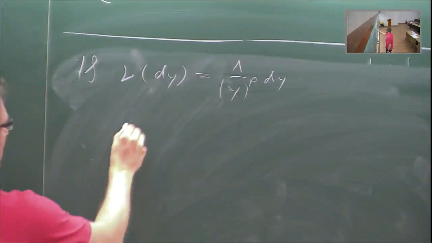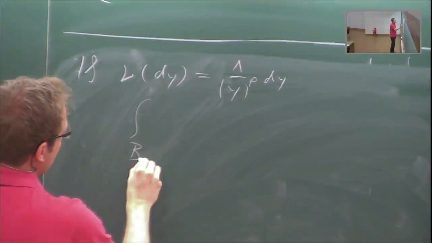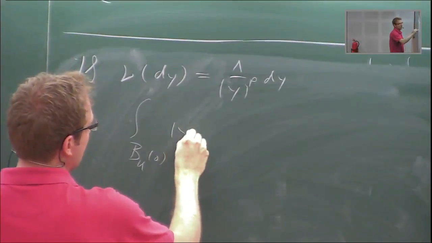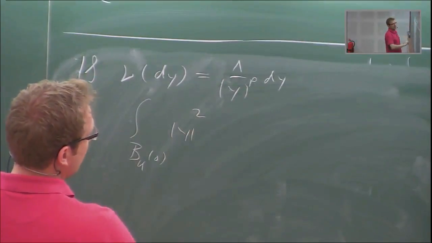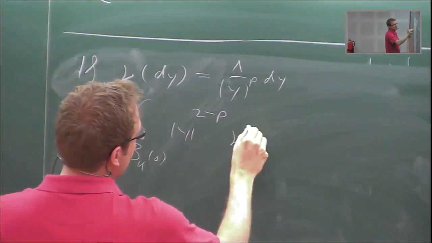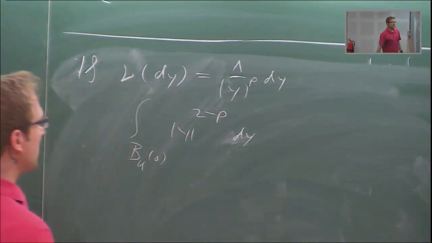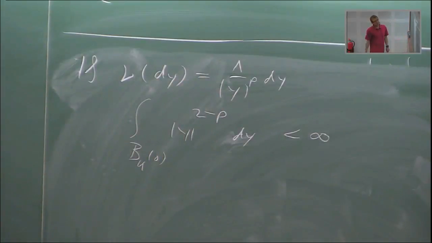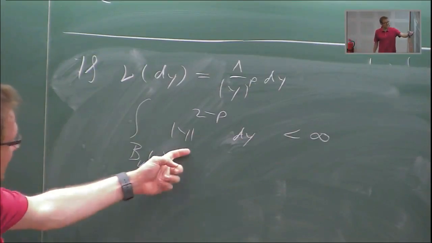What we have to satisfy is that around 0, first of all, the integral of y squared times y to the minus p dy should be finite. What kind of exponents p allow this? So when is this a finite quantity?